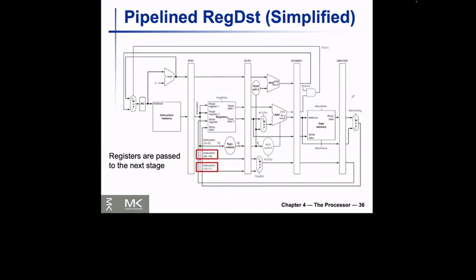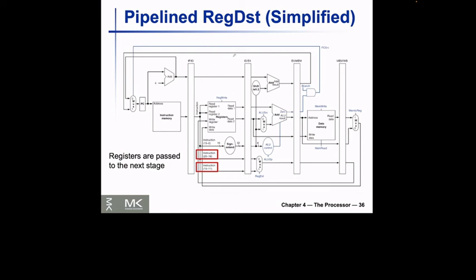Okay, so here we also miss a couple of things. Depending on whether we are dealing with an R-type instruction or a load instruction, sometimes the write register should be RT. Sometimes the write register should be RD. So in the instruction decode stage, because we haven't decided yet whether the write register should be RT or RD, we store both RT and RD in the register.